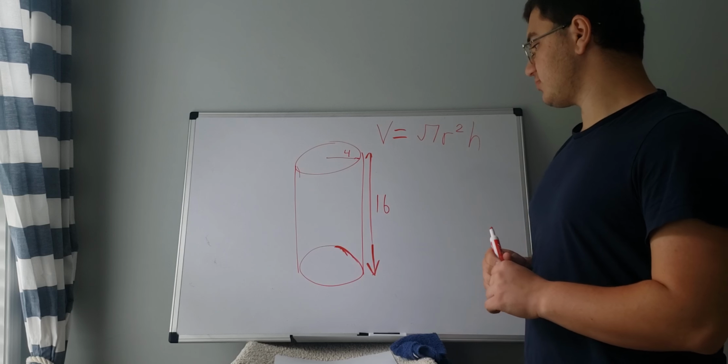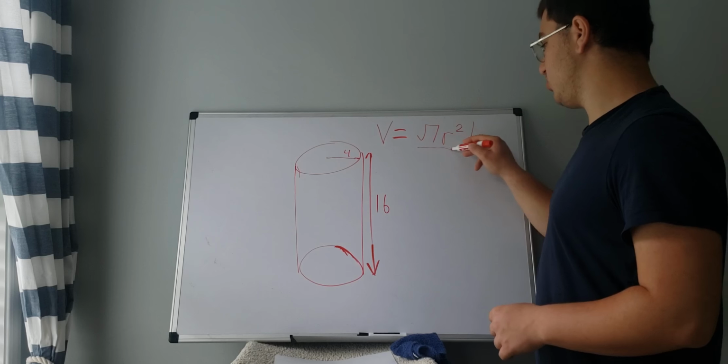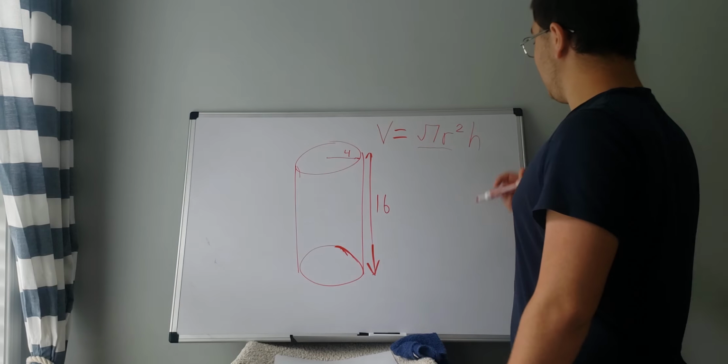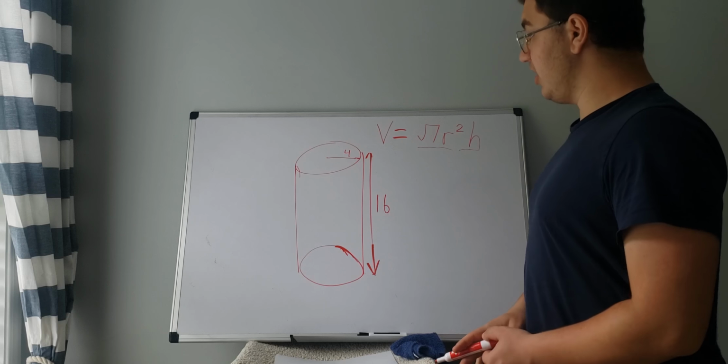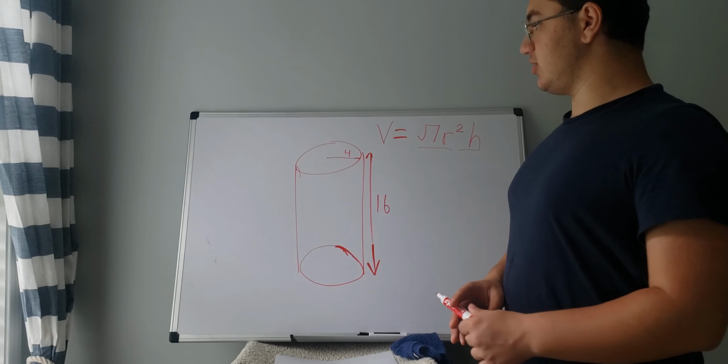Now, recall that pi r squared is how you find the area of a circle. And you multiply that by the height, which is this number right here, and you get the overall volume of that shape. So let's get started.